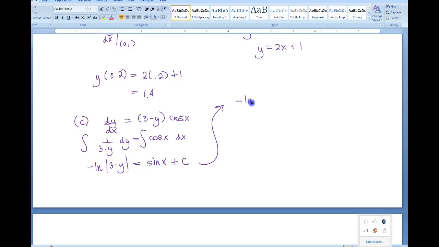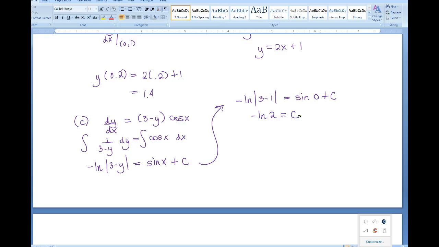So I got negative ln absolute value of 3 minus 1. So can you drop the absolute value of that? Yeah, you can. And then sine of 0 plus c. So it's gonna be negative ln of 2 equals c, right? Sine of 0 is 0.